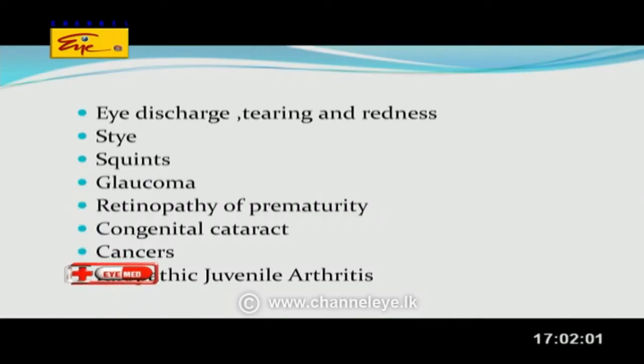And then congenital cataract, that is opacification of the crystalline lens, and some cancers that may grow inside the eyeball. And lastly, I will speak about eye complications occurring among babies with idiopathic juvenile arthritis. So those are the main topics we will be focusing on, although there are various other concerns with regards to pediatric eye conditions or eye problems.